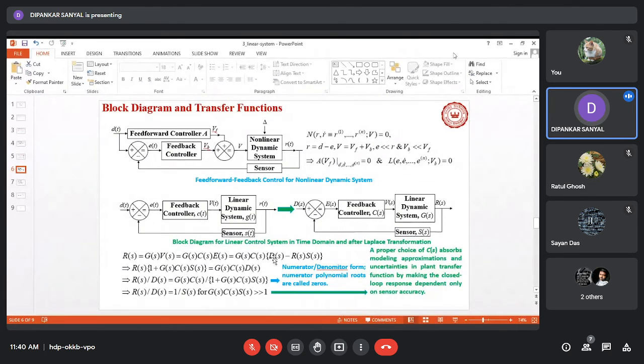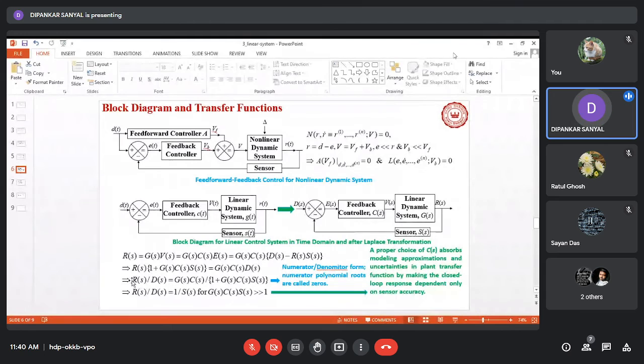So E(s) is equal to D(s) minus R(s) into S(s). So that is the equation we obtain by using these blocks, and then if we just pull this R(s) term and group it, then the coefficient of R(s) becomes 1 plus G(s) C(s) S(s), and on the other side we have this term left out.